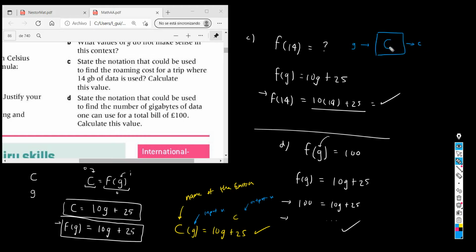This is the name of the function, this is the name of the output variable. You cannot have the same variable, like in the same typeface. This would be incorrect. And I know this is very technical, and this confused me a lot when I was in high school and the first semesters of college. You're going to get used to these ideas in due time. Just give it time.